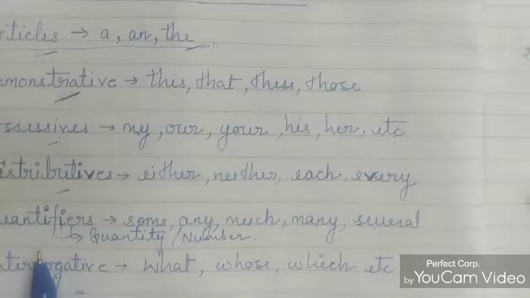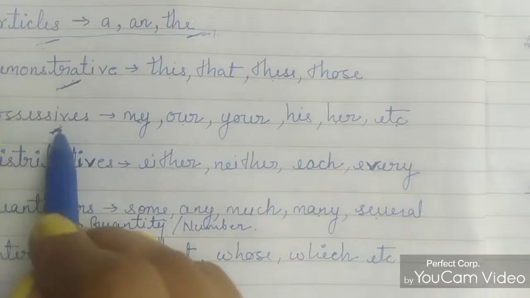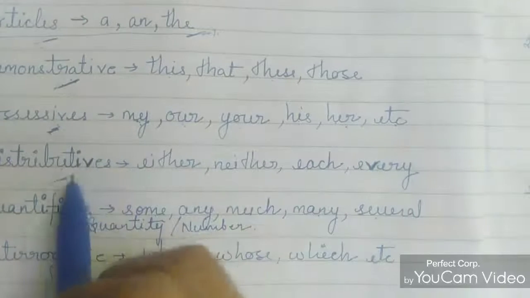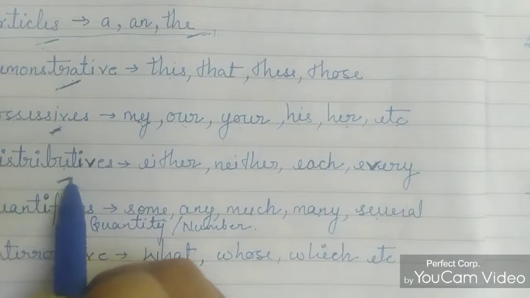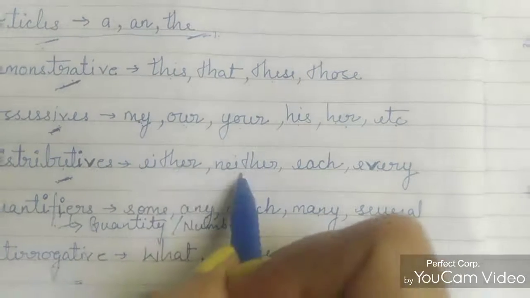Third one is possessive. Possessive means hold, like my, our, your, his, her. Distributive: in distributives we talk about each, every, either, neither.